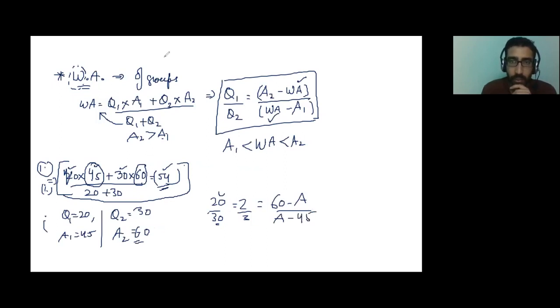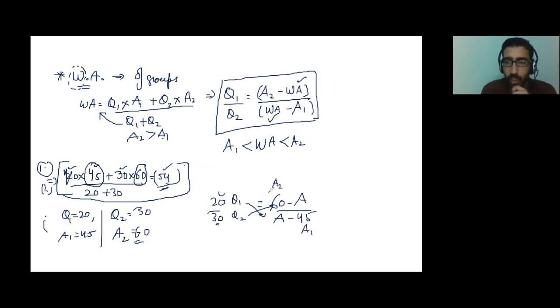So this is what you always need to do, just reiterating it again: if it's 20 by 30, so quantity 1 by quantity 2, in the numerator you have the average of 2 minus the average, and in the denominator you have the average minus the average of 1.